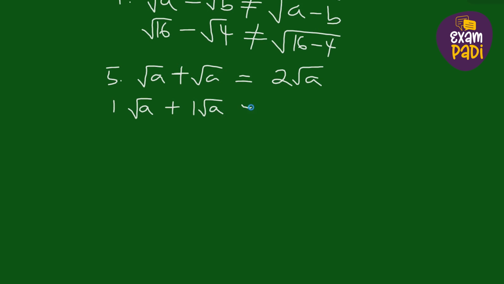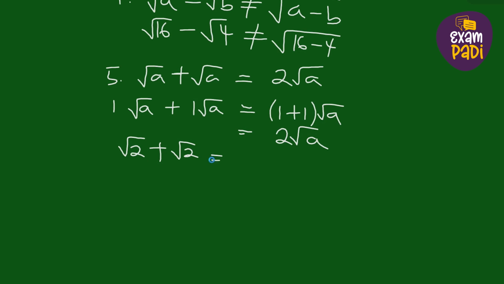Since they have the same coefficient, I can add them together and pick one of these roots. 1 plus 1 is equal to 2. Then we have 2 root A. For example, if I have root 2 plus root 2, this is equal to 1 plus 1 in the bracket of root 2, which is equal to 2 root 2.